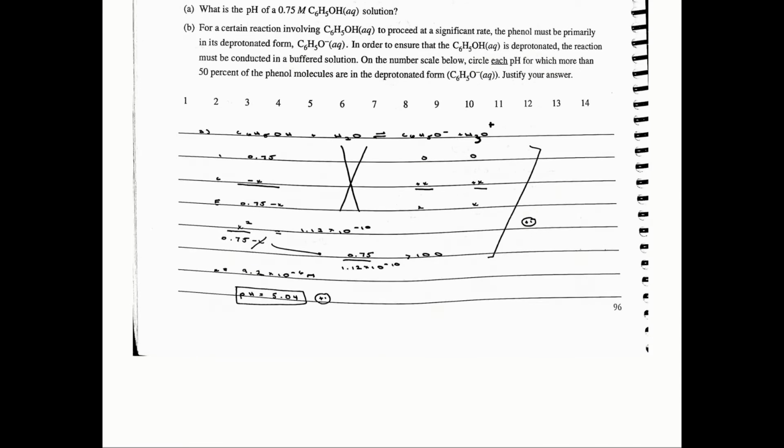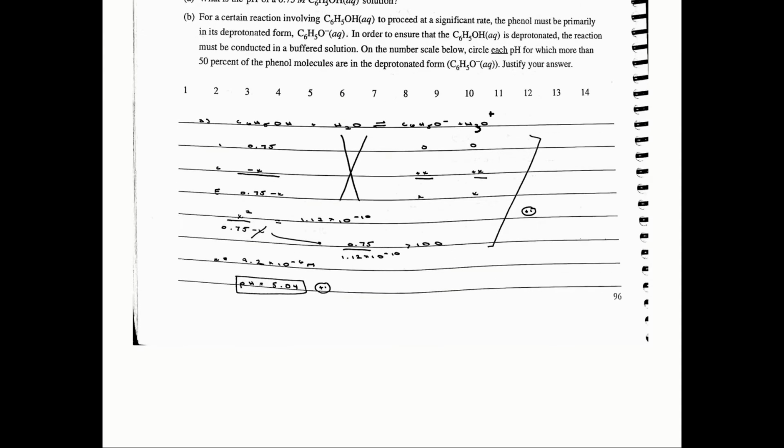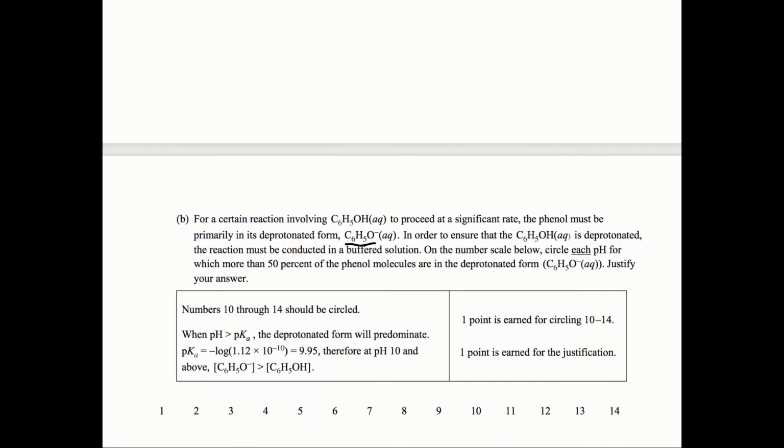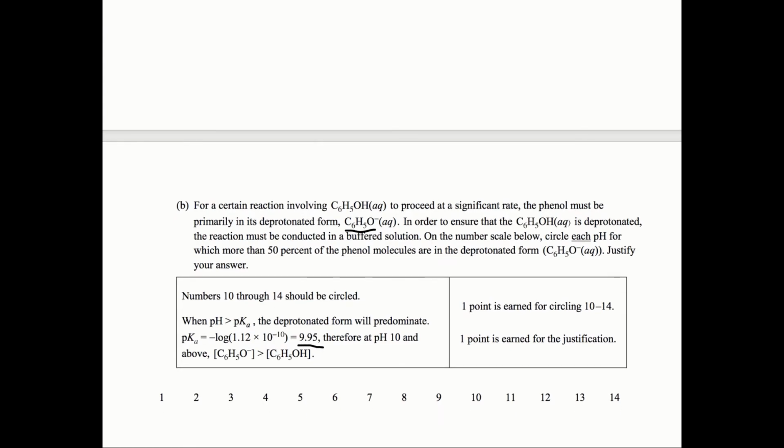That is when pH equals your pKa. So I'm basically saying, hey, I don't want to be right at my half equivalence point. I want to be past my half equivalence point. So what pHs would that be at? Since my Ka value is given to me as 1.12 times 10 to the negative 10, if I take the negative log of that, 9.95, that is the pH where I have equal amounts of my weak acid and weak base.